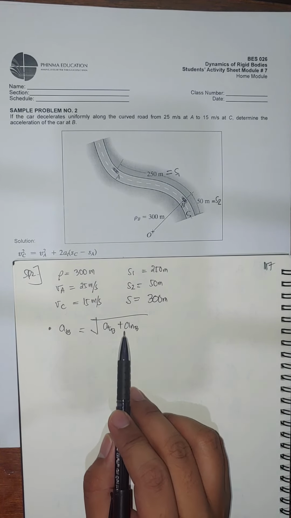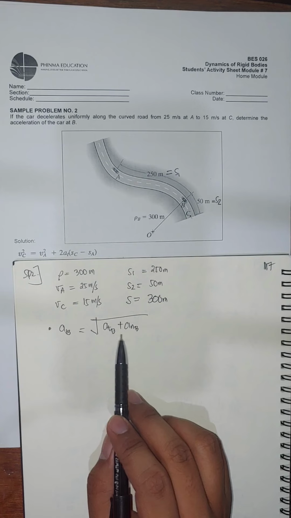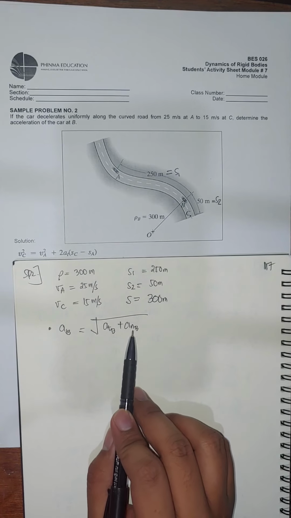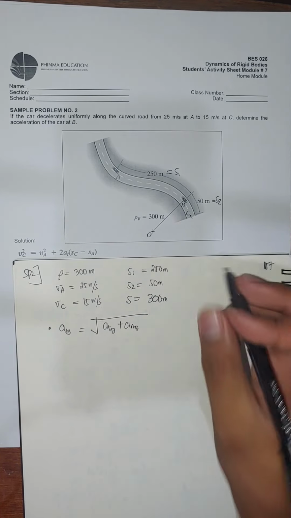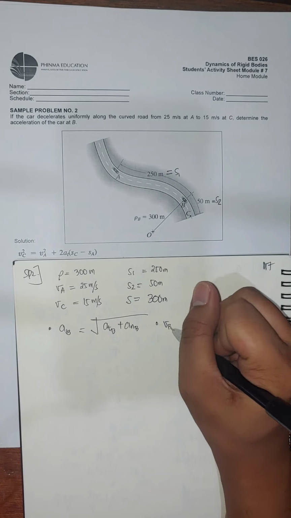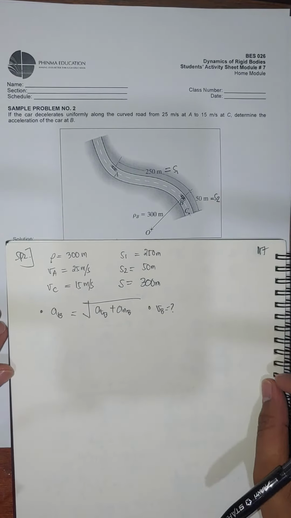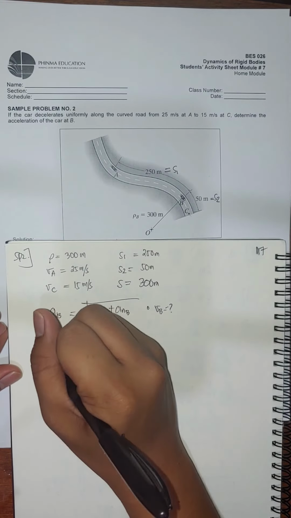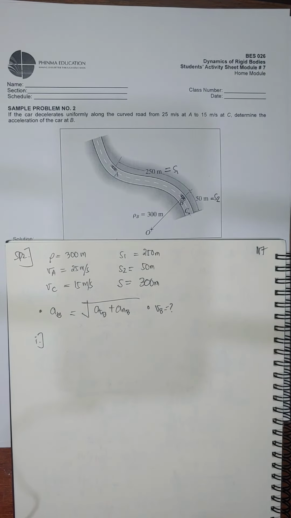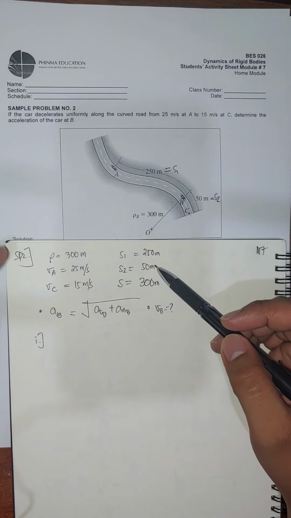We do not know this. So, to get these, we also need to get the velocity at B, which is also unknown at this moment. So, using the kinematic equation, we have velocities, the acceleration is unknown, and we have positions.